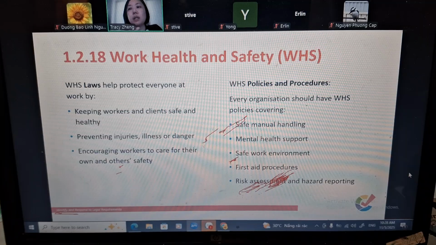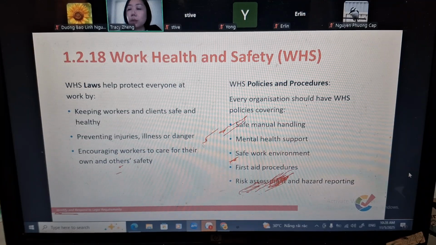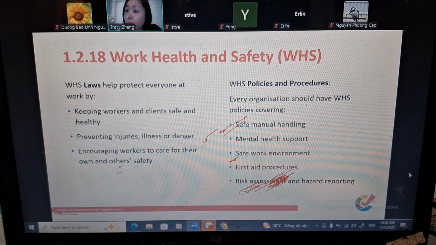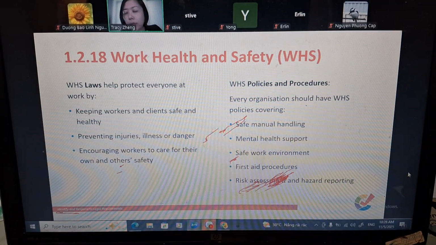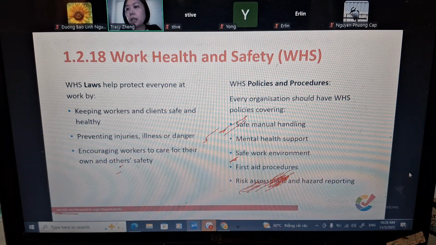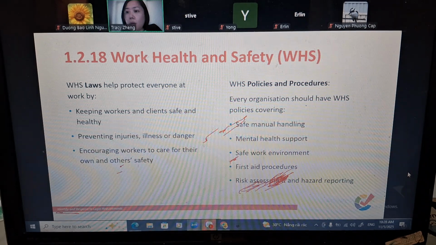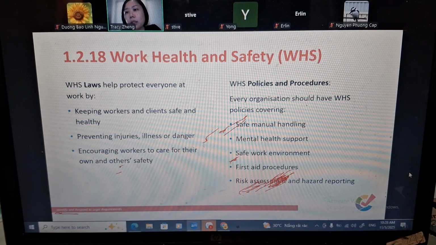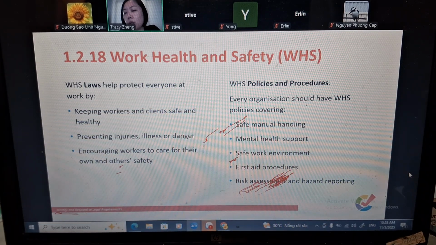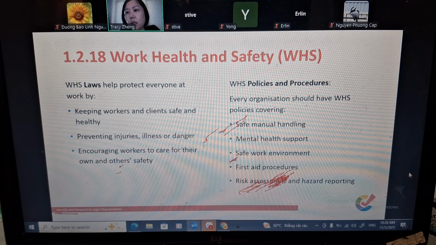But if you start working or doing your work placements, then you would know how to put those into practice. But at least at this stage, you must understand each of them and know how to follow and practice those in the future. I think that's the key part for you.